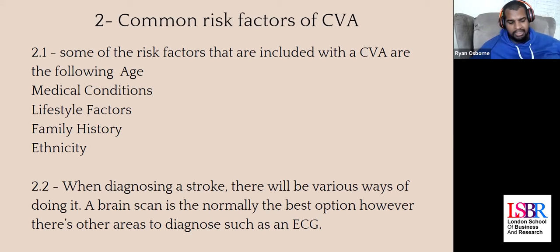So it's important that you train up these people to literally understand what a stroke is. And on that particular part, we're now going to look at 2.2 and what that is all about.